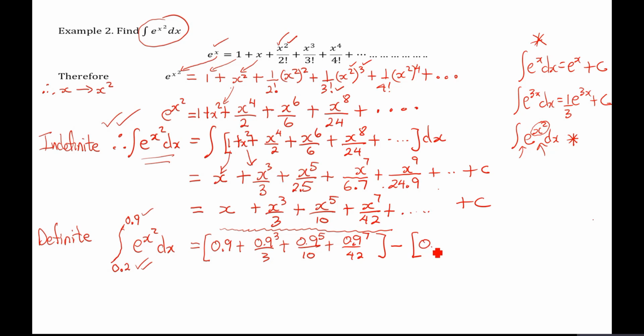So it will be subtract 0.2, 0.2 cubed over 3, 0.2 to the power 5 over 10. And then use your calculator, and I'd like you to double check this. I get a final answer of 1.01. You can check that.